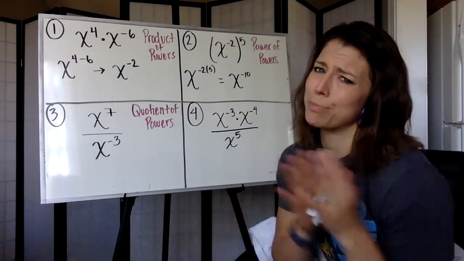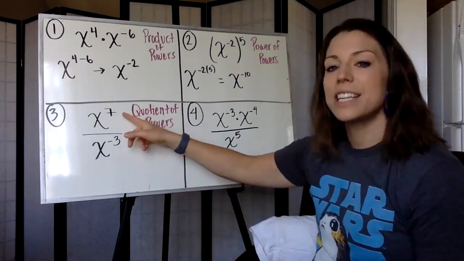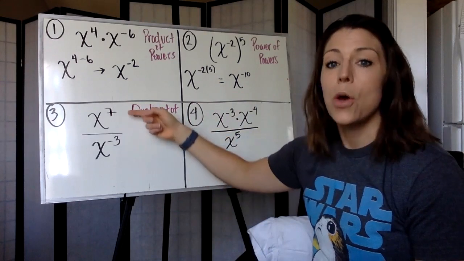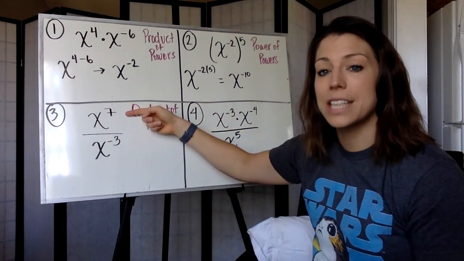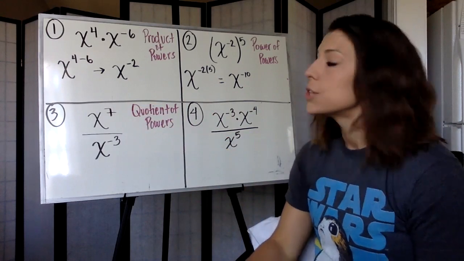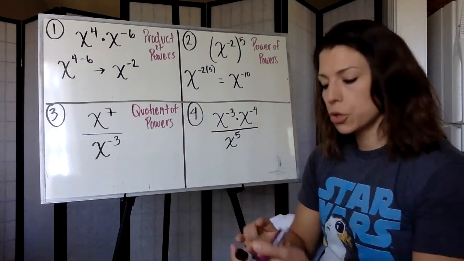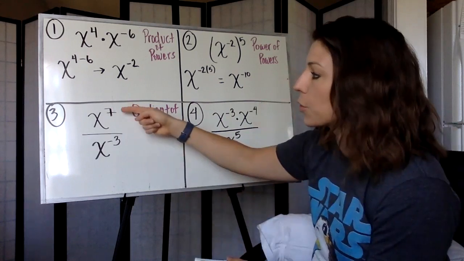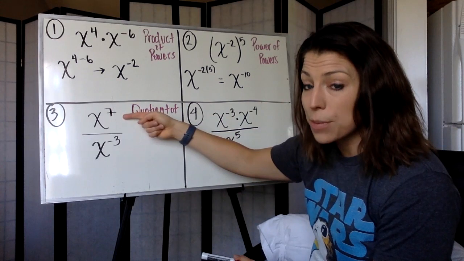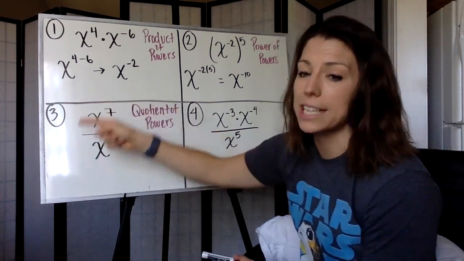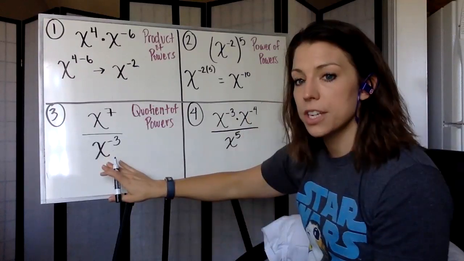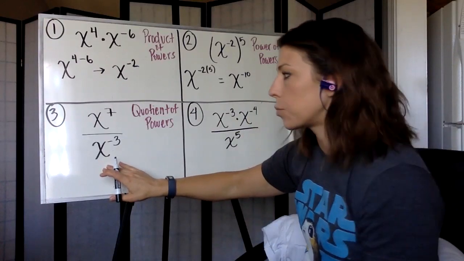So 7 is greater than negative 3, which means there are more x's in the numerator than in the denominator. Does that make sense? So when we subtract, we take the greater number and subtract the smaller number, and we know our answer is going to be in the numerator because there are more x's in the numerator. So what's going to be left in our denominator? Our denominator is just going to be left with 1.